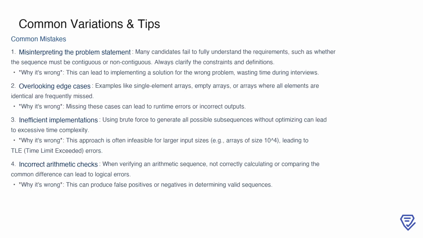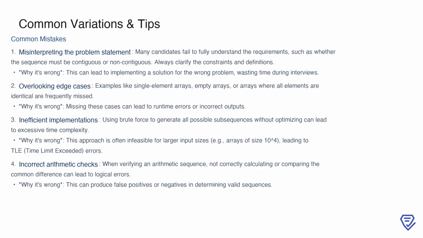Another mistake is using inefficient implementations, such as brute force, to generate all possible subsequences. While this might work for small inputs, it quickly becomes infeasible for larger datasets due to excessive time complexity, often leading to time limit exceeded errors.